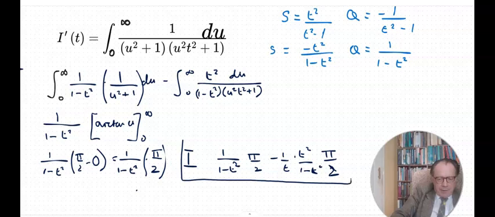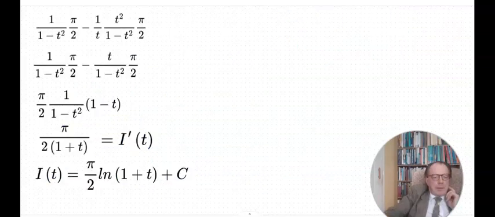So I'll write a neater version of that for you in a moment. So if we look at my neater version at the top here, we have 1 upon 1 minus t squared times pi by 2 minus 1 upon t squared 1 minus t squared pi by 2. And if I tidy that up a bit and factorize, I find that I primed of t is pi upon 2 lots of 1 plus t, and the integral of that is pi upon 2 times natural logarithm 1 plus t plus c, and so now we have to find the constant of integration.